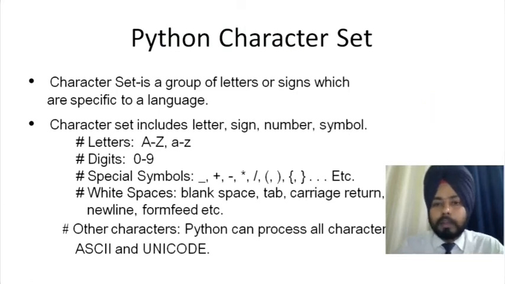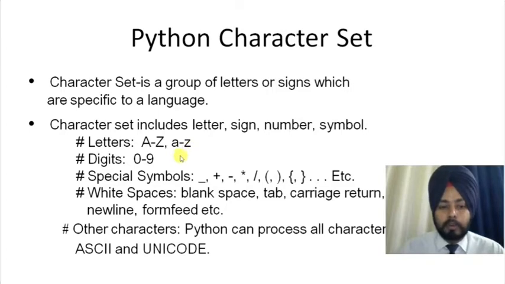Python character set. A character set is a group of letters or signs which are specific to a language. Characters include letters, signs, numbers and symbols. Letters are capital A to Z and small a to z. Digits are 0 to 9.